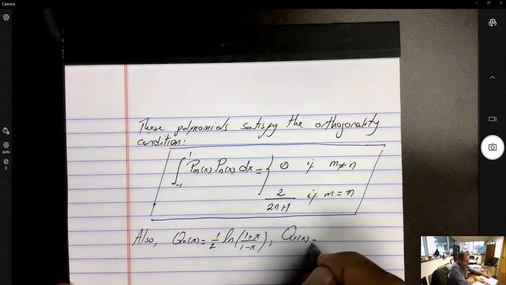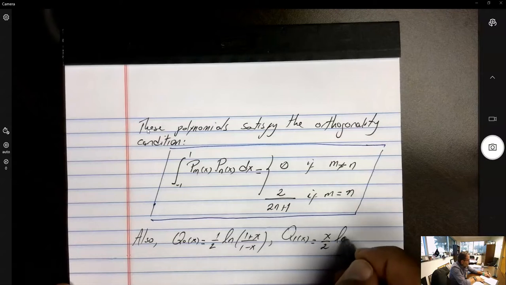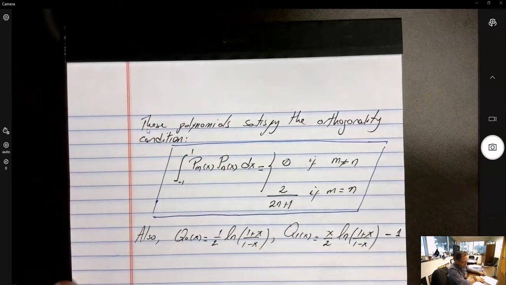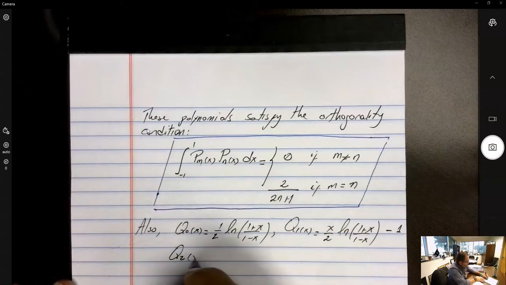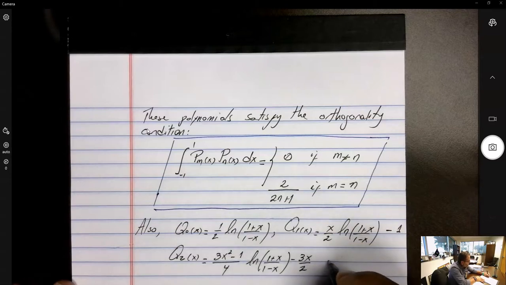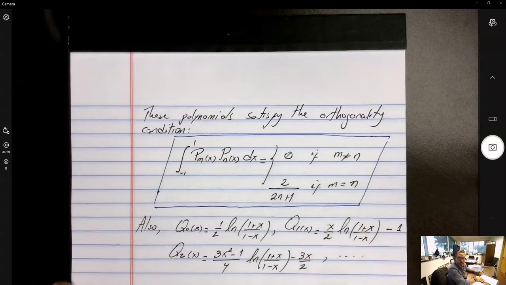Q1 of x is equal to x over 2 times the log of (1 plus x) divided by (1 minus x), minus 1. Q2 of x is equal to (3x squared minus 1) divided by 4 times the log of (1 plus x) over (1 minus x), minus 3x over 2, and so on and so forth.